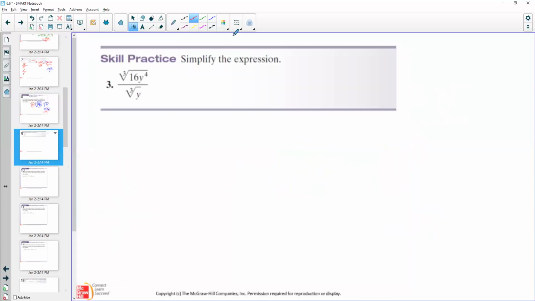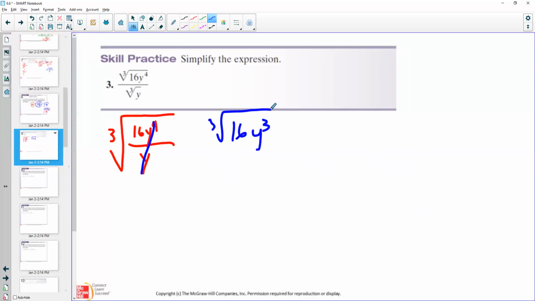So we can think about this one the same way, right? We can make it the cube root of 16y to the 4th over y, all under one radical. And then y to the 4th and y just become y to the 3rd on the numerator. So I get the cube root of 16y to the 3rd. Now we have to think about perfect cubes.